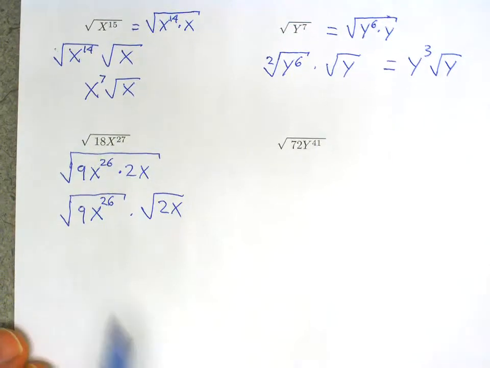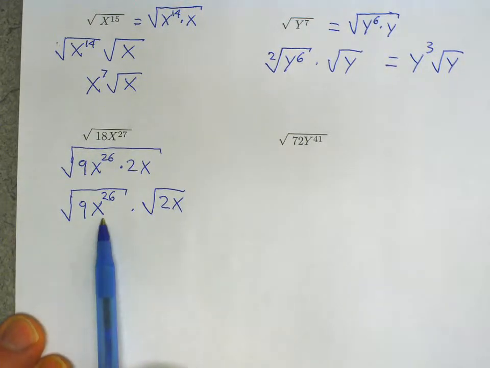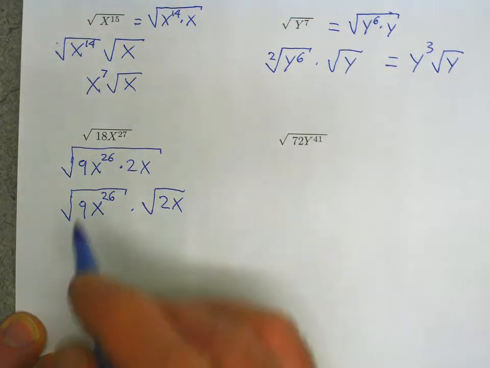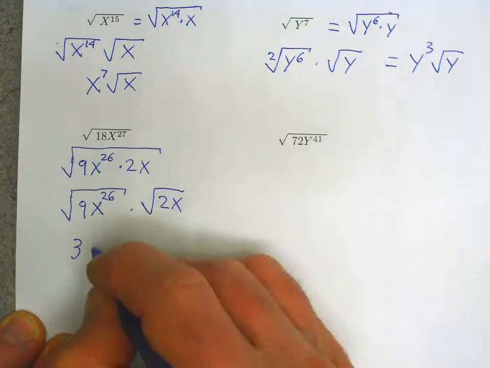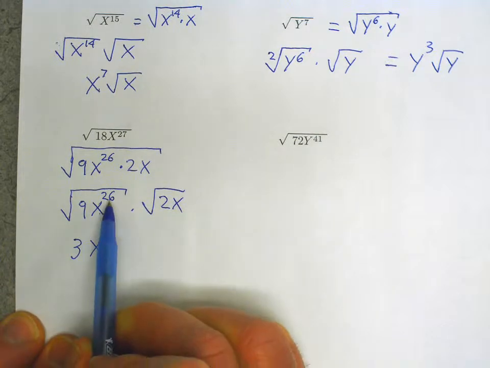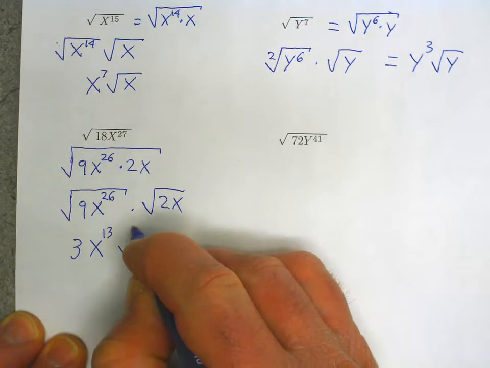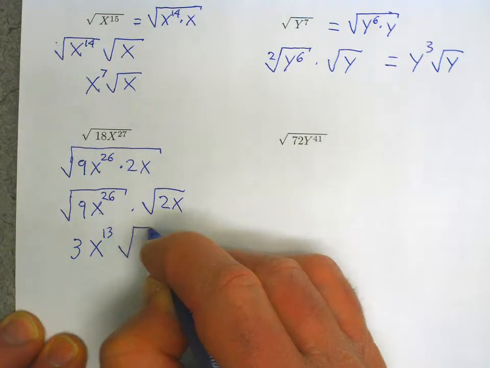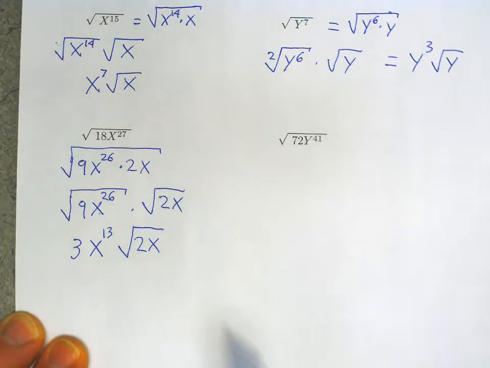And then finally, we can simplify the square root of 9x to the 26th. The square root of 9 is 3, and the square root of x to the 26th is x to the 13th, because 26 divided by 2 is 13. So our final answer is 3 times x to the 13th times the square root of 2x. That's the simplified result.